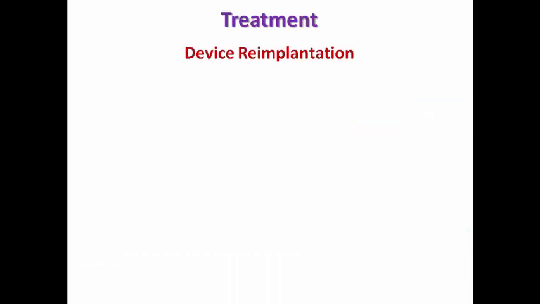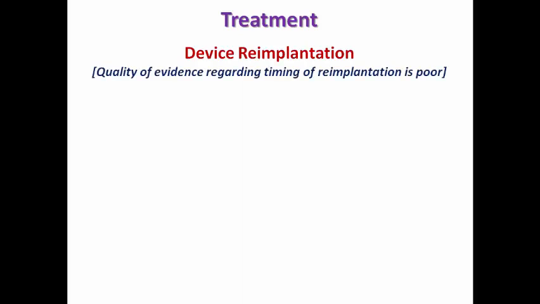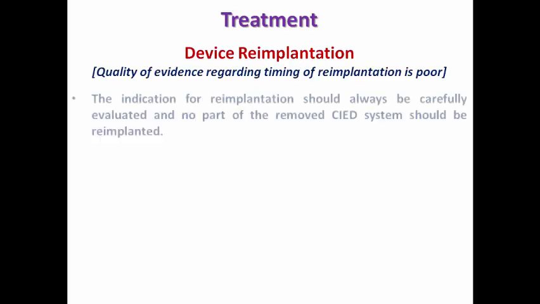The most difficult question: when to arrange for device reimplantation. So far, the quality of evidence regarding the timing of reimplantation is poor, so we don't have a clear answer. But the indication for reimplantation should be carefully evaluated at first.